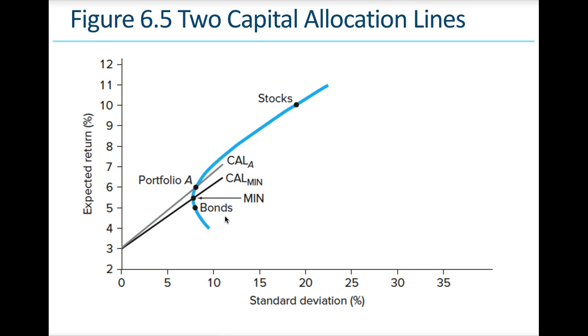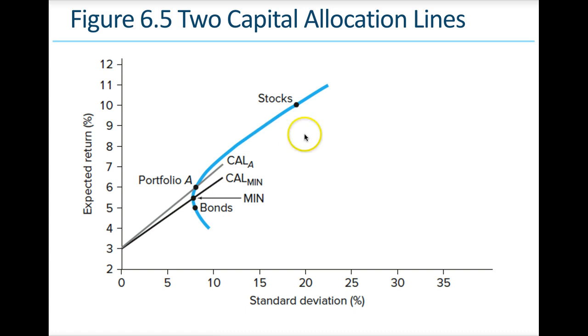It's drawn to show the risk-return trade-off of various positions in treasury bills and the minimum variance portfolio. It's immediately evident from the figure on the slide that we could do better. The Sharpe ratio is higher by using portfolio A instead of the minimum as the risky portfolio.